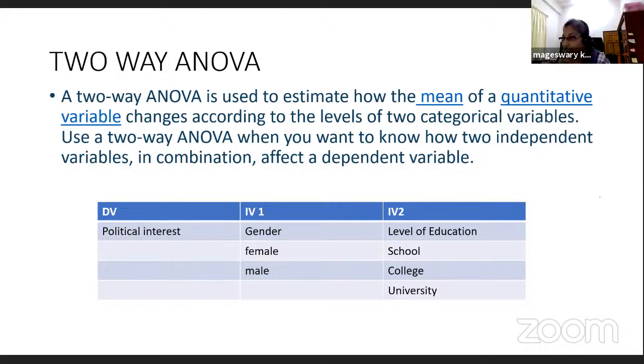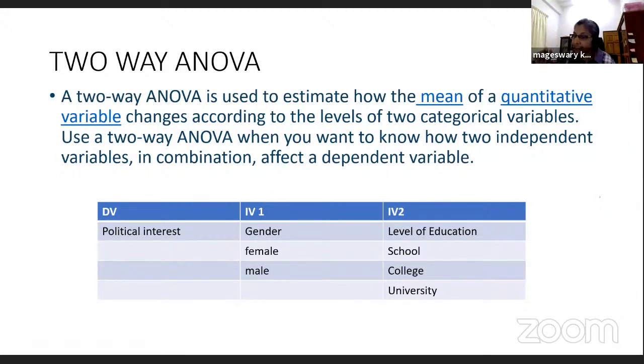So if you measure gender alone, it gives you a false finding. But when you measure gender and level of education in combination, it gives you a true finding. That's why two-way ANOVA is very important. Doing it as separate one-way ANOVAs will give a false finding.